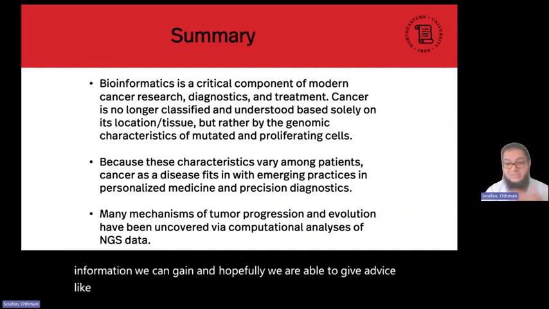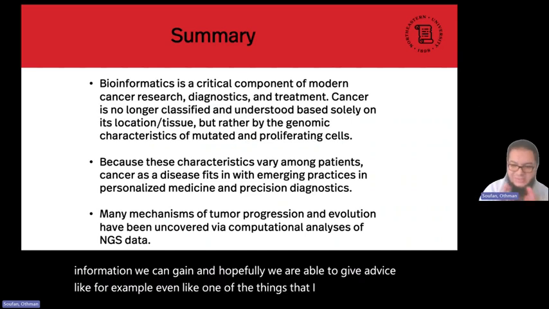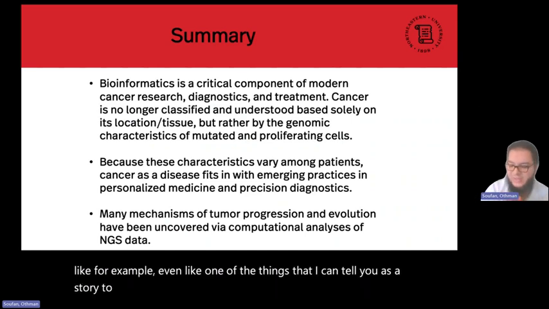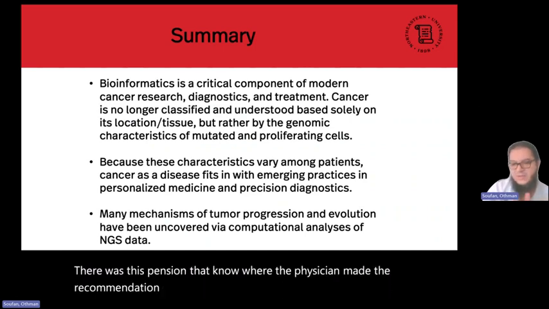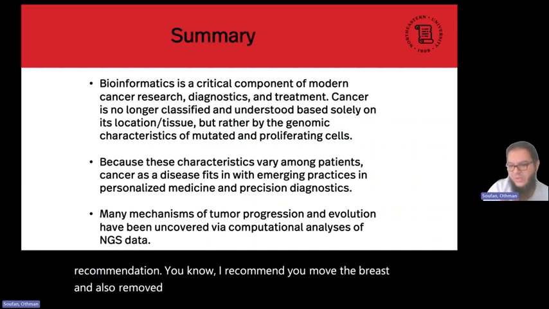Like, for example, one of the things I can tell you as a story to close this with: there was a patient where the physician made the recommendation, I recommend you remove the breast and also remove both of the ovaries, okay?